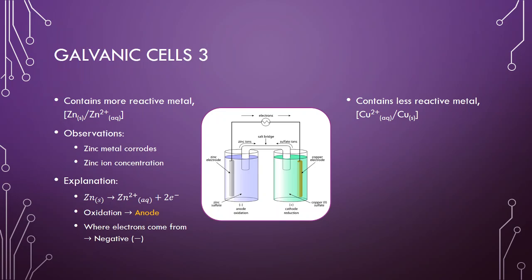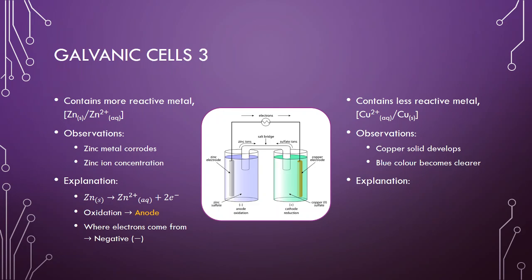On the other hand, the half cell that contains the less reactive metal would experience Cu2+ ion becoming Cu solid. Observations you would have would be copper solid develops on the electrode, or might be sinking at the bottom. And because you're working with copper ions being consumed, the blue color will become paler.